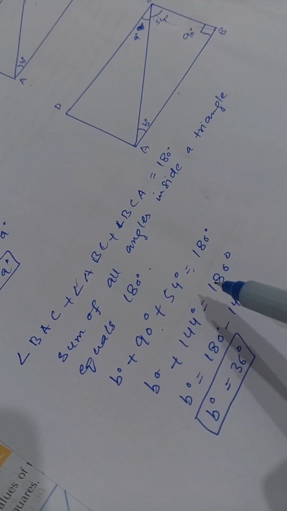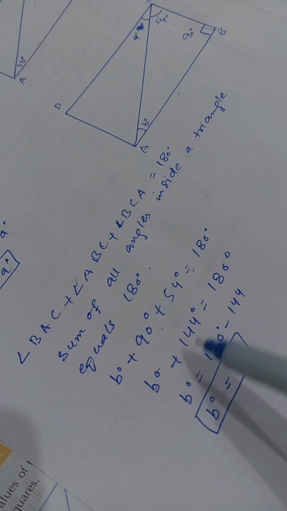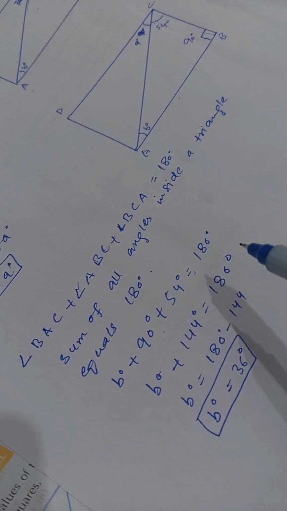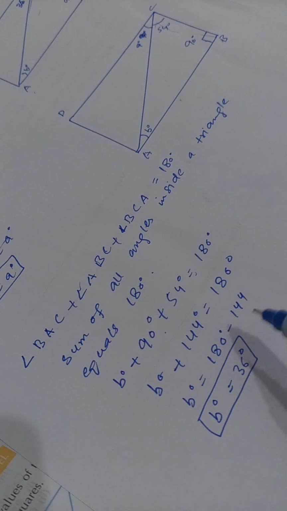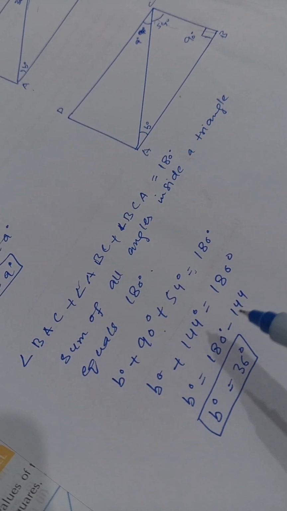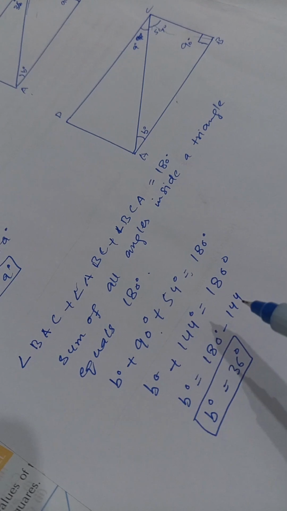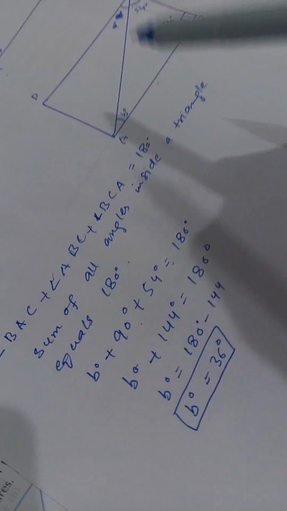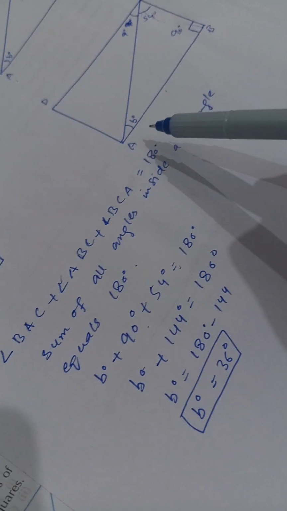And equals 180 degree. So this 144 is in positive terms here. If it moves to the other side of the equation, it becomes negative. So B degree equals 180 degree minus 144 degree. If you subtract 144 degree from 180 degree, it will equal 36 degree. So this is how we'll find the value of this angle, right?